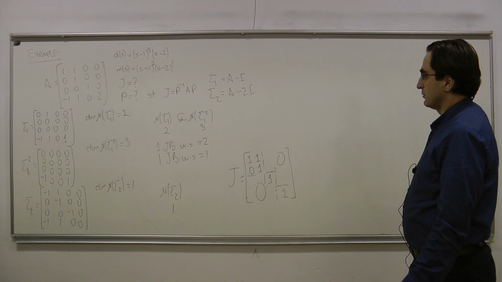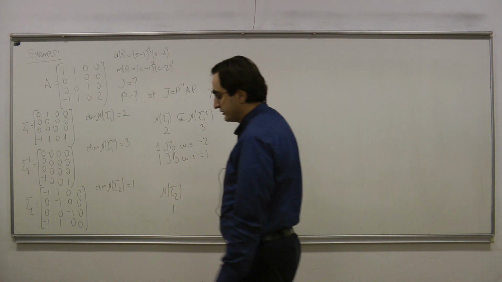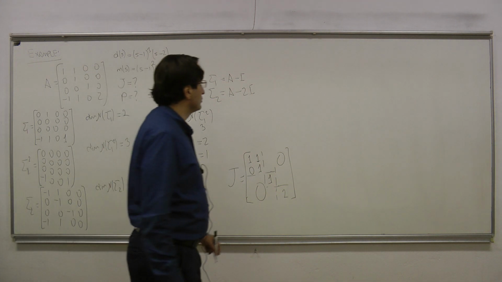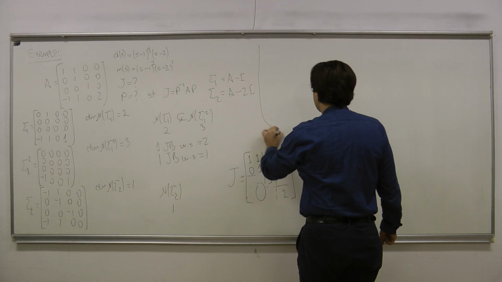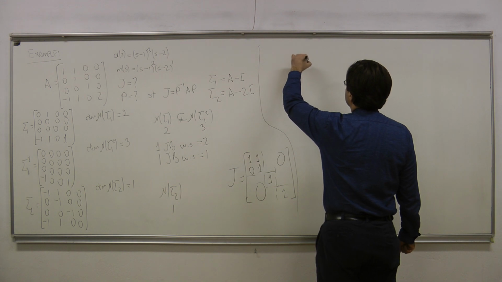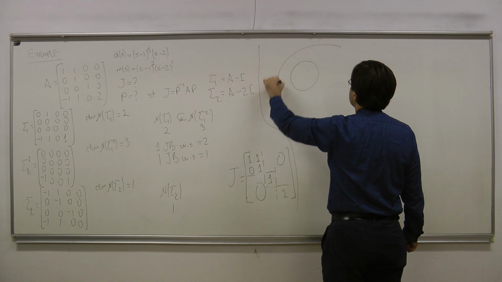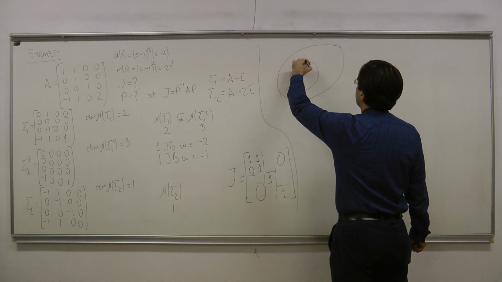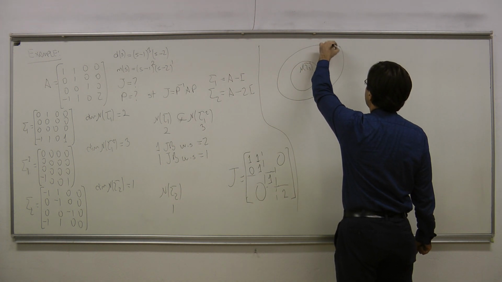And now we are going to go into the task of finding a P matrix that would put this matrix into its Jordan canonical form. So I'm going to start with these concentric null spaces: the null space of sigma 1 and the null space of sigma 1 square.